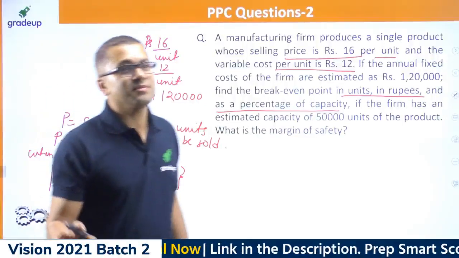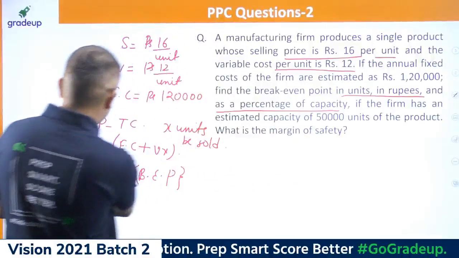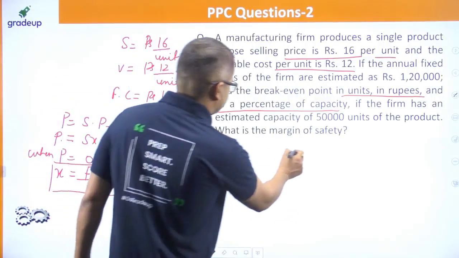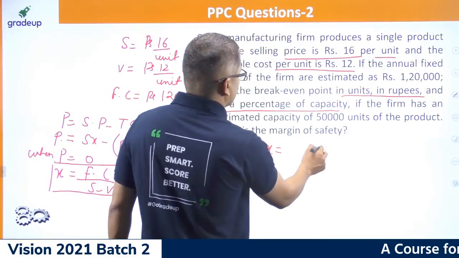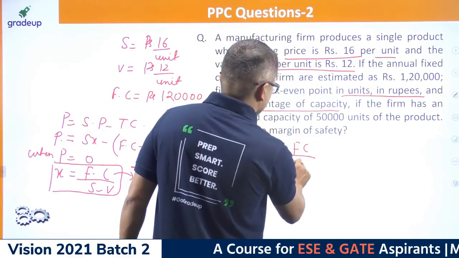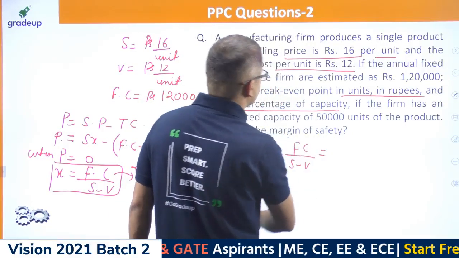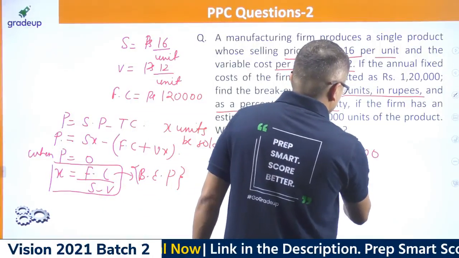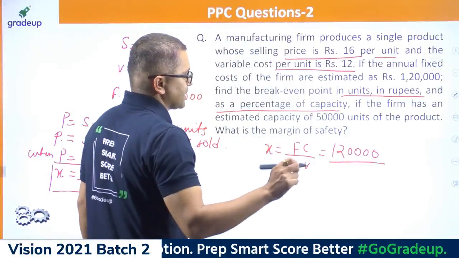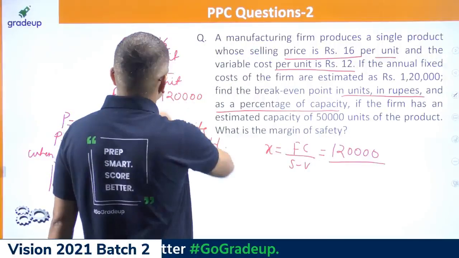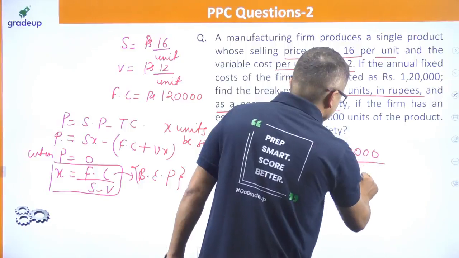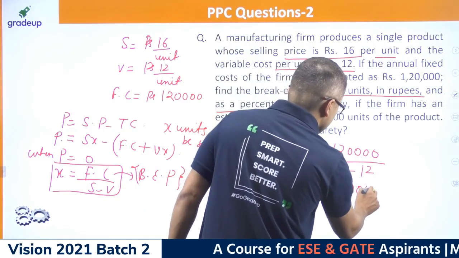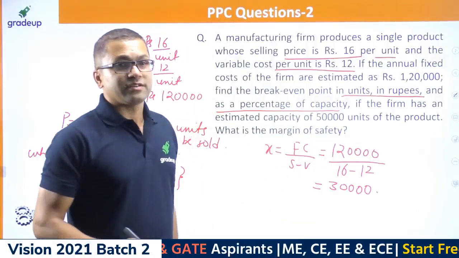Similarly, we are going to use this formula, X equals FC upon S minus V. Fixed cost is 1,20,000 upon S, which is 16, minus 12. So this you will get as 30,000.